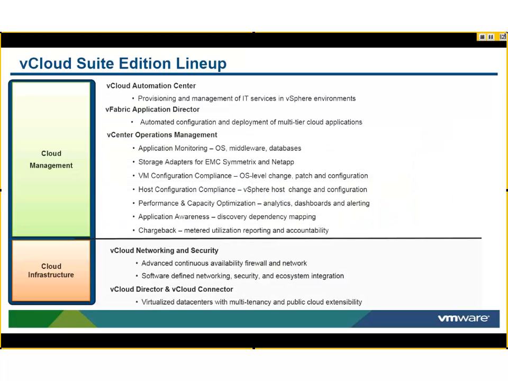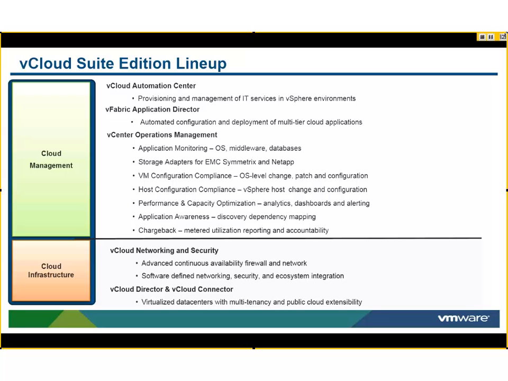Again, we can spend days talking about all these different areas, but some of the key things that the VMware Cloud Suite provides: it provides what we call vCloud Director and Connector. This is what lets you do the basic management and defines that mobility within the cloud. Networking and security.